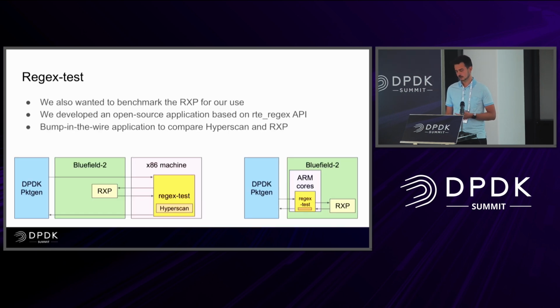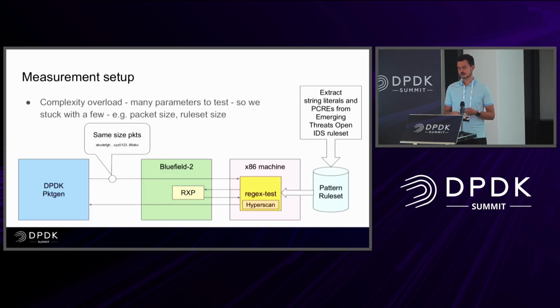So we also wanted to try to test it. In our work, we provided an open source regex test application, which uses the DPDK Regex API and also uses Hyperscan, so we can compare the results of individual pattern matching engines. And honestly, we were overloaded with the complexity.